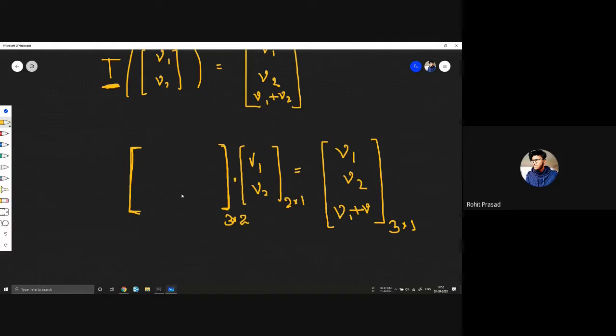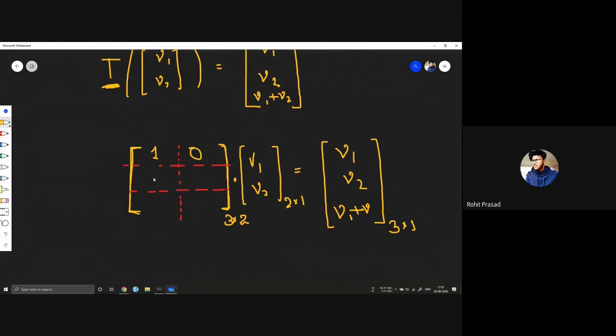So let's make the dimension: 1, 2, 3 cross 2 matrix. Let's see what will be the elements of this 3 cross 2 matrix. If we put a here and b here, your v1 will be equal to a into v1 plus b into v2, right? So here we can see that your a will be equal to 1 and b will be equal to 0, right?